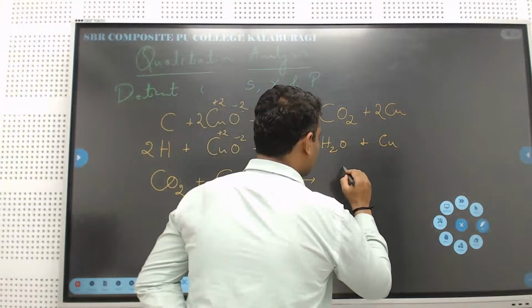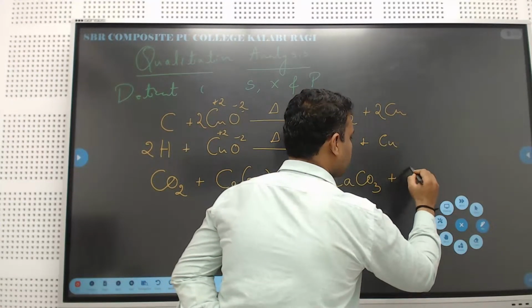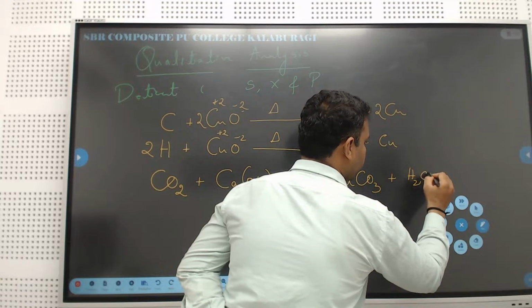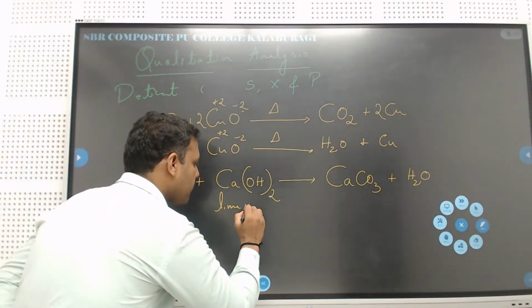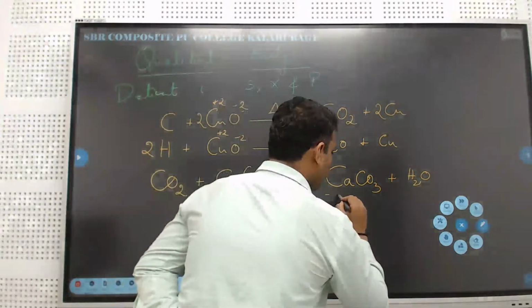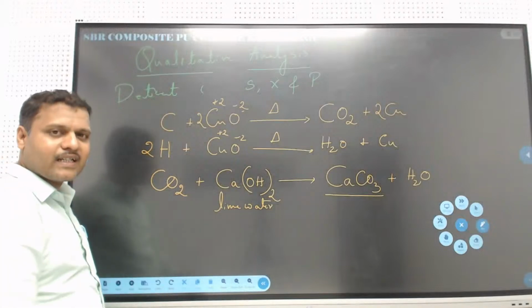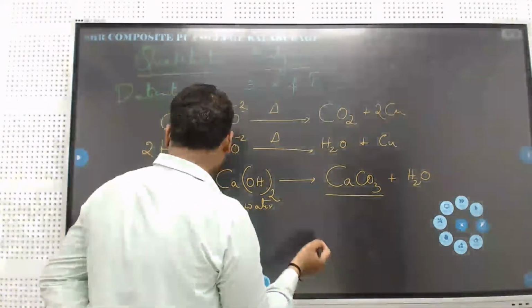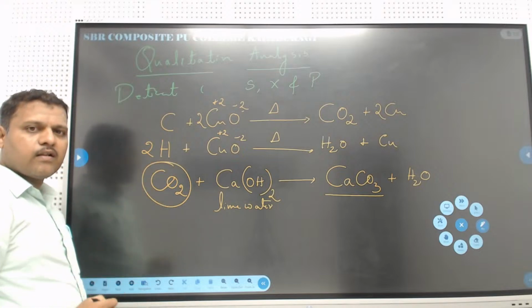Then lime water turns milky because of the formation of calcium carbonate. So this formation of calcium carbonate, where lime water gets converted into milky, confirms that the compound contains carbon.